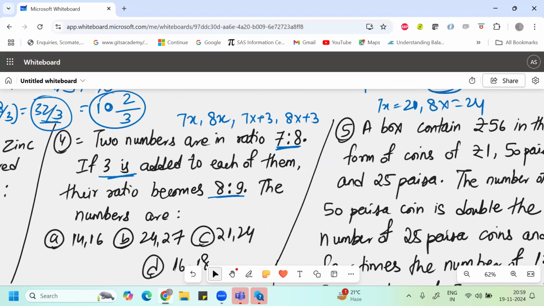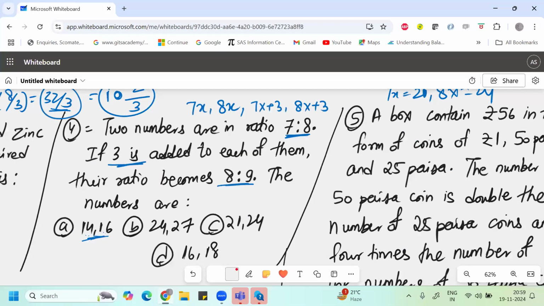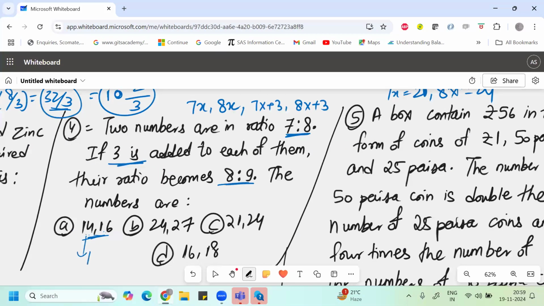Or you can do it through options. Is this 7 is to 8? If I add 3 to this, it becomes 17 and this becomes 19. So 17 is to 19 is not 8 is to 9. This cannot be the answer. If I go with option B, this is 8 is to 9, not 7 is to 8.